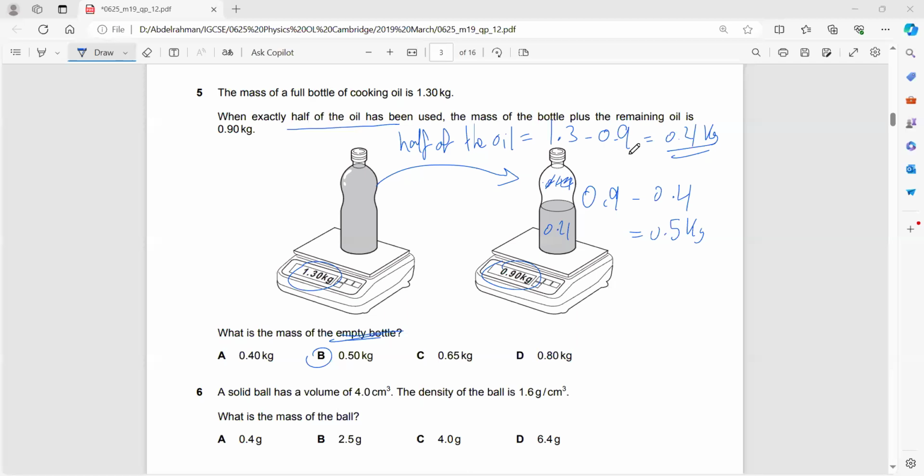Again, initially we had a full glass bottle which had some oil inside it.